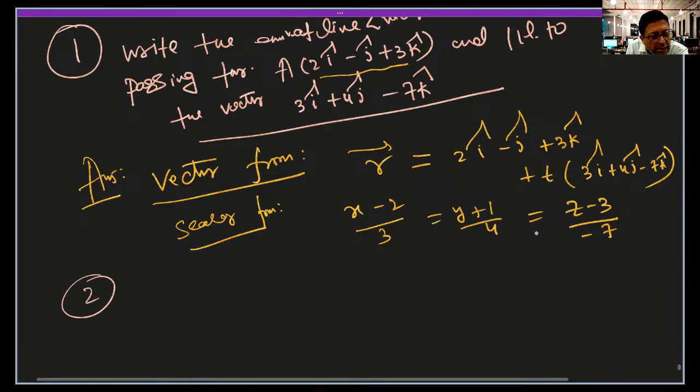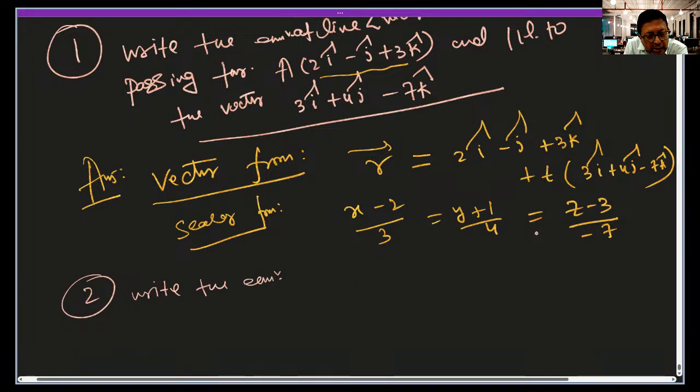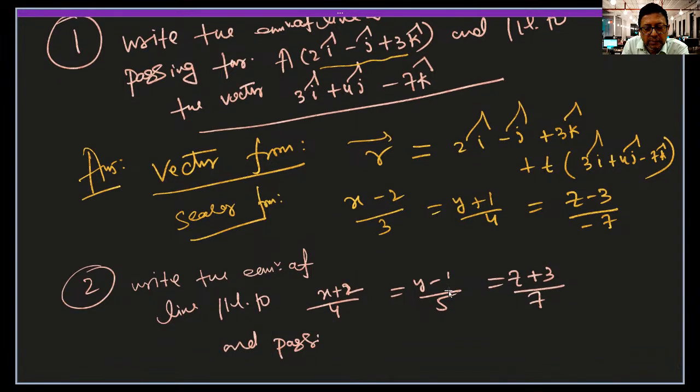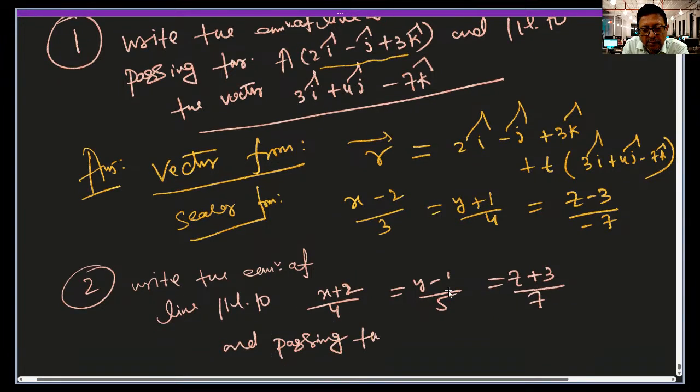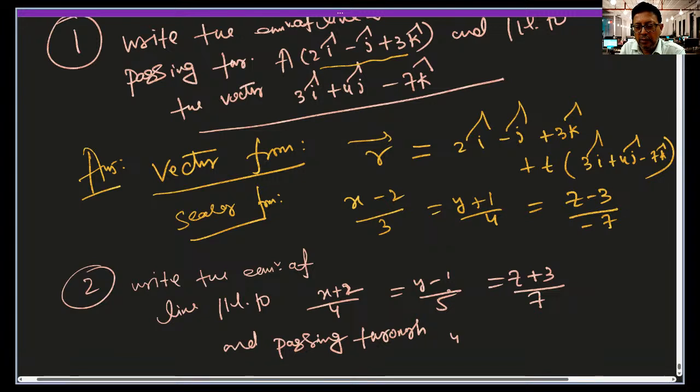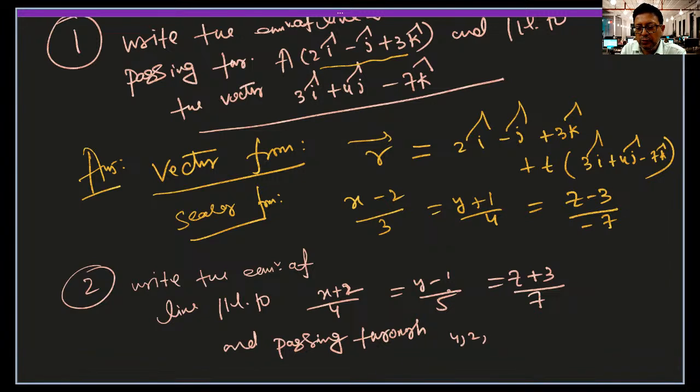So write another question. Write the equation of line parallel to this and passing through (4, 2, -5).